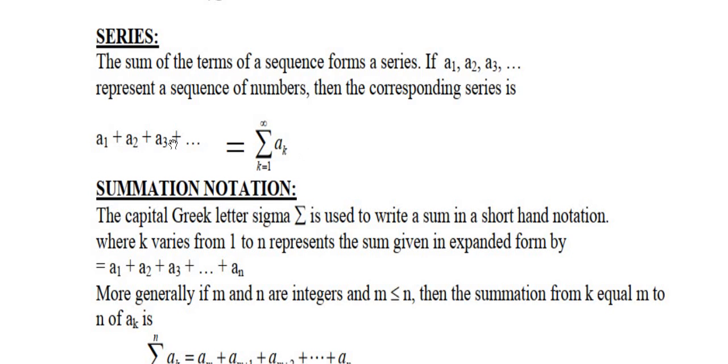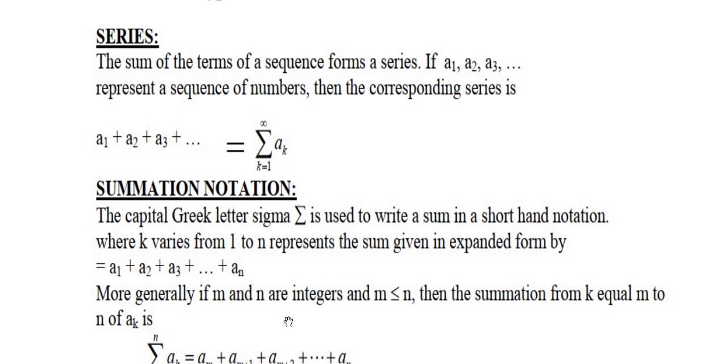We know that there are an infinite number of terms, so k is equal to 1, starting term is 1, so summation k is equal to 1 to infinity ak. Summation: the capital Greek letter sigma is used to write the sum in a shorthand notation, where k varies from 1 to n, represents the sum given in expanded form as a1 plus a2 plus a3 plus dot dot plus an.